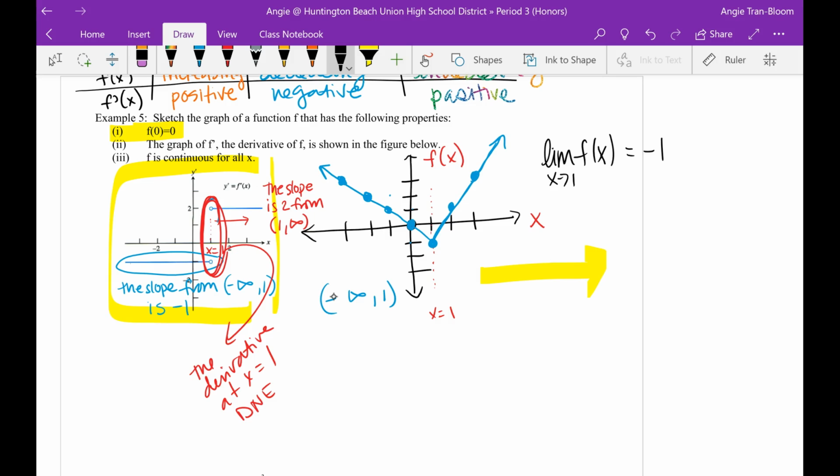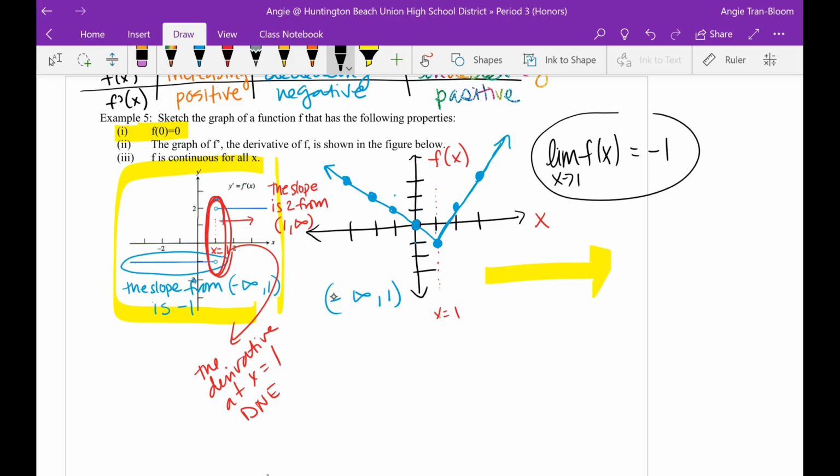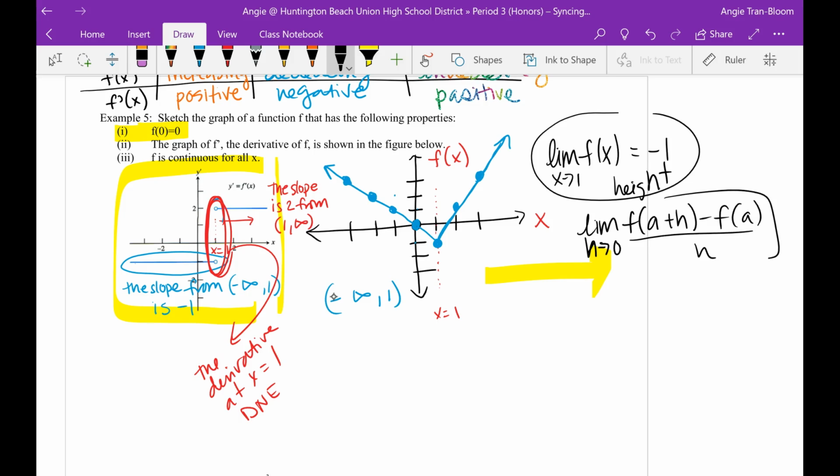But the slope is different from the height. This right here is the height. I want you to understand the difference between the two. This right here is the slope: the limit as h approaches 0 of f of a plus h minus f of a, all over h. This is talking about the slope of a tangent.